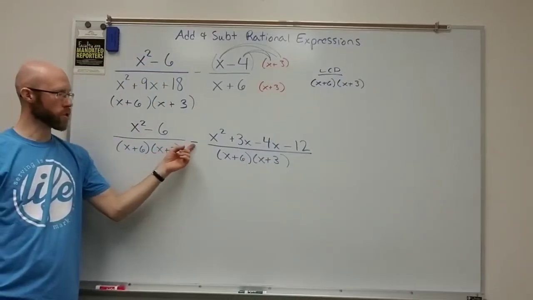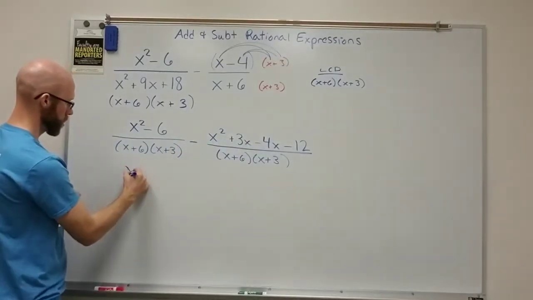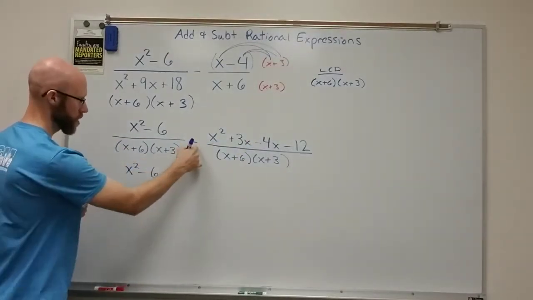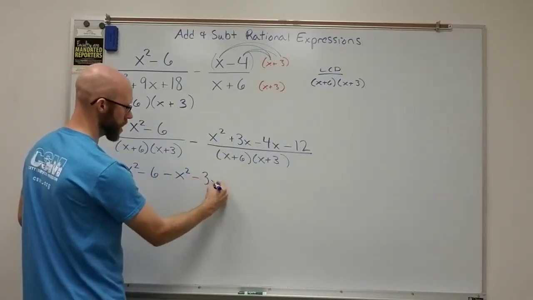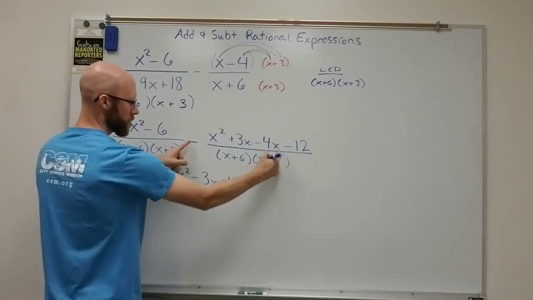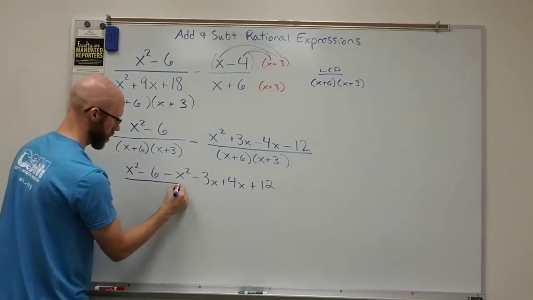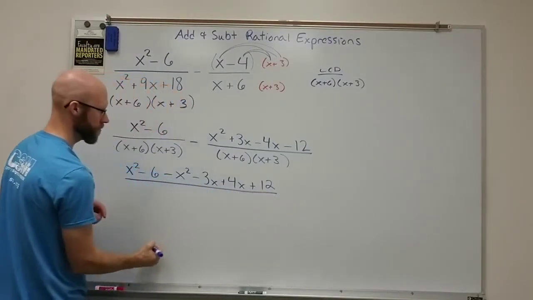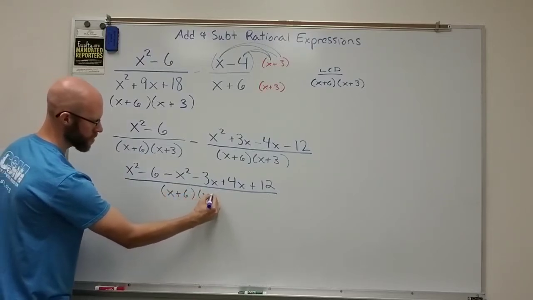Now we've got to go through and change all the signs to the right because this is a subtraction problem. So it's x squared minus 6, then minus x squared minus 3x, double negative is plus 4x, double negative is plus 12. I'm going to divide all of that by the common denominator, x plus 6, x plus 3.